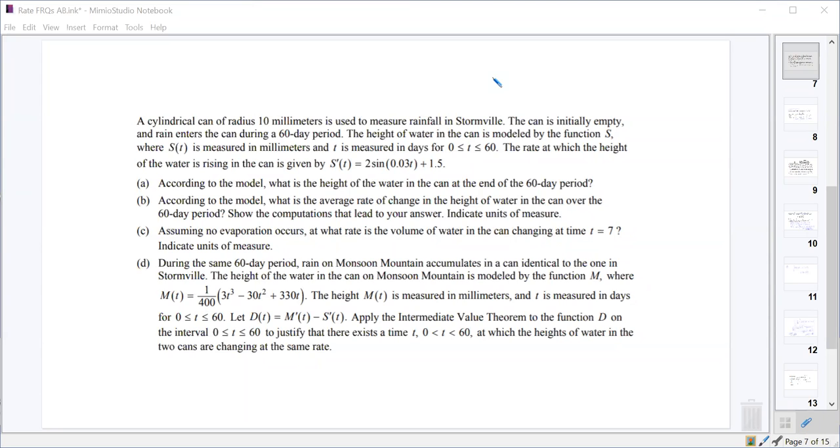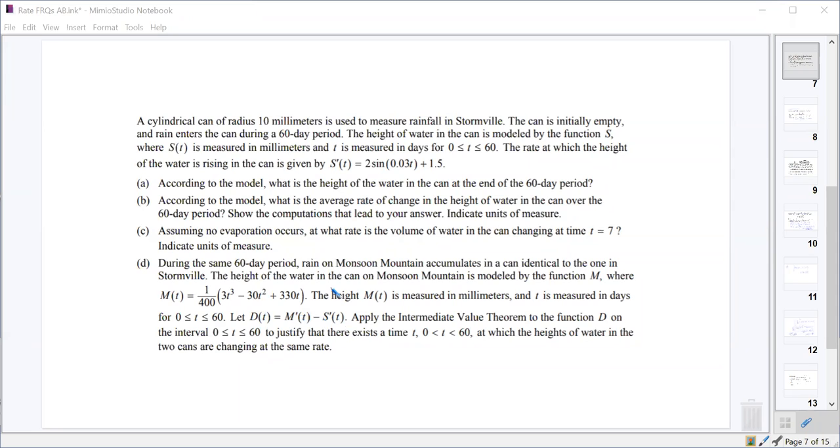Okay, so Stormville. And we're looking here at a 60-day period. We have a rain on Monsoon Mountain that accumulates in a can identical to the one in Stormville, which has a radius of 10 millimeters. And the height of the water in this can is measured by M. And let's see, D is M prime minus S prime.